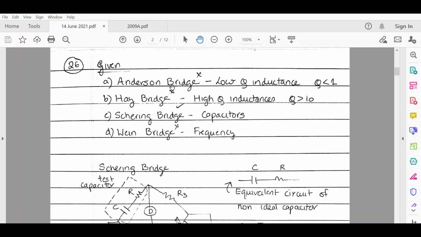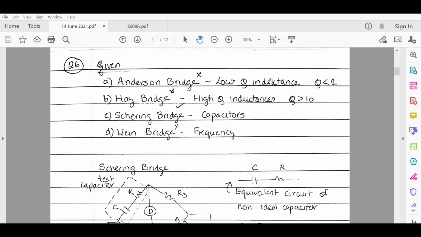Now Anderson bridge is used to measure inductances having low quality factor. Low quality factor means Q less than 1. Hay's bridge is used to measure inductances having high quality factor, Q greater than 10.